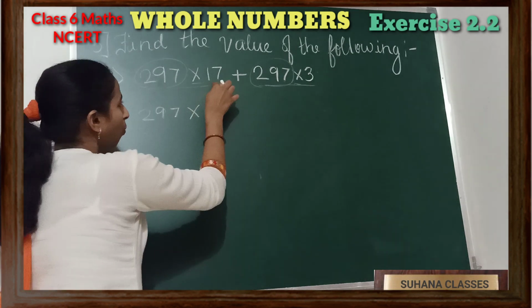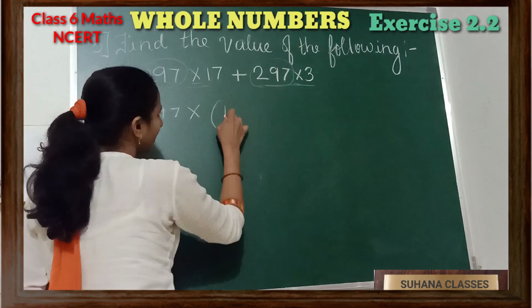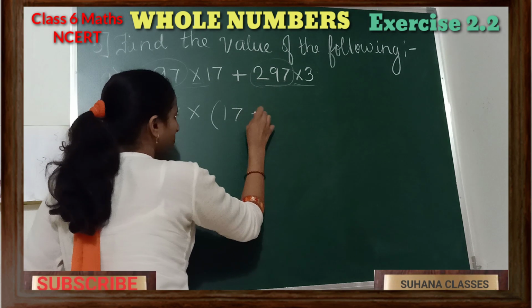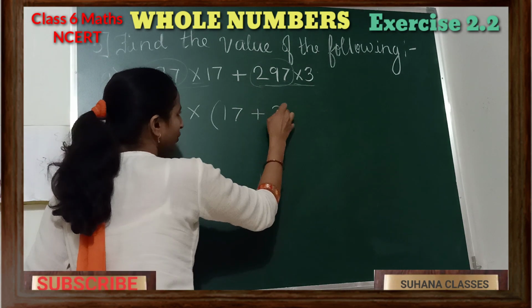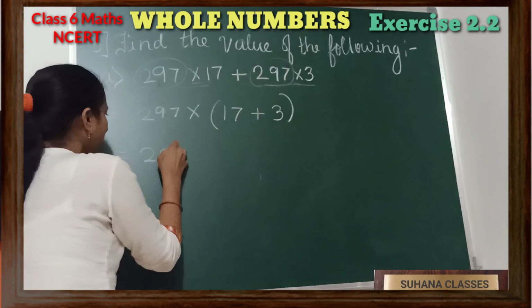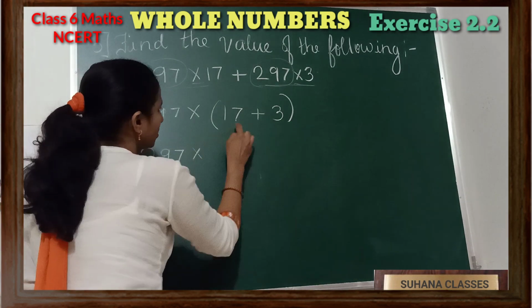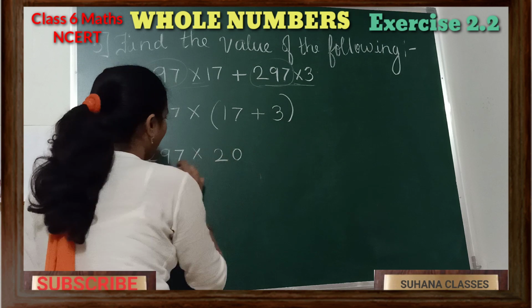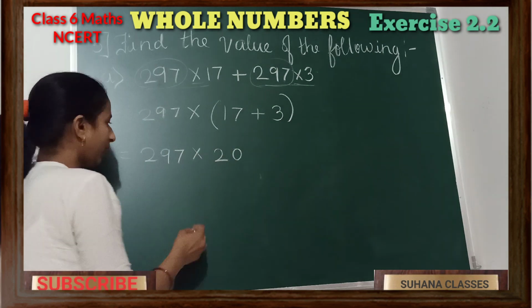Now what numbers are remaining? Here 17 is remaining, with a plus sign in between, and in this group 3 is remaining. Is it clear? So 297 into (17 plus 3), which is 20, and this multiplication I can do very easily.